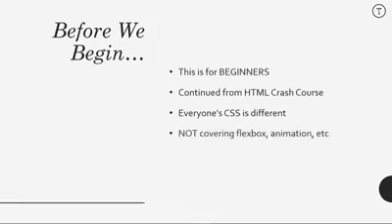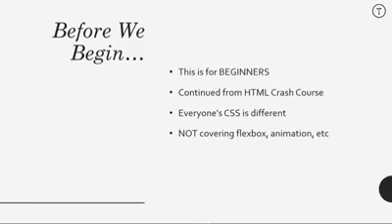Also, we're not going to be covering more advanced topics like Flexbox and animation. Flexbox is a CSS3 layout mode, and it does things like align elements very easily, but I think it's too advanced for this video. Plus I do have a video called Flexbox in 20 minutes that teaches you all about it, so if you want to learn more about Flex, I'd suggest watching that after this.